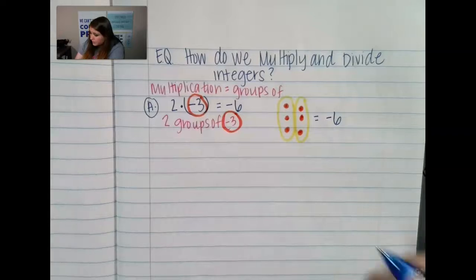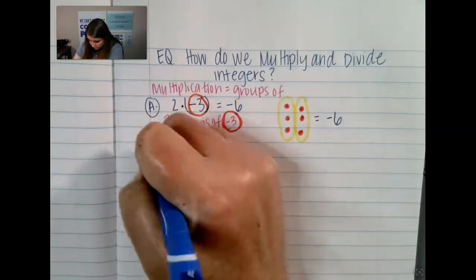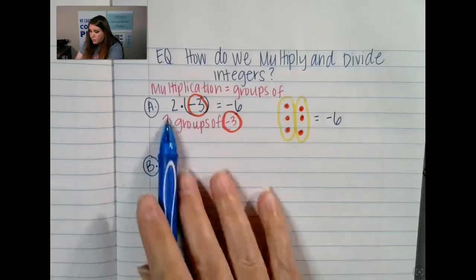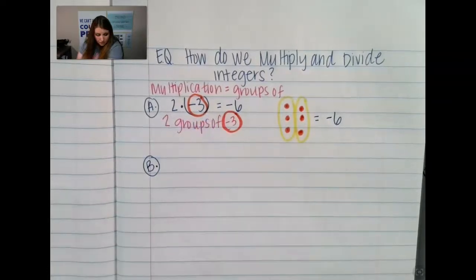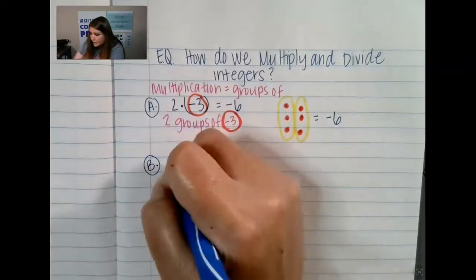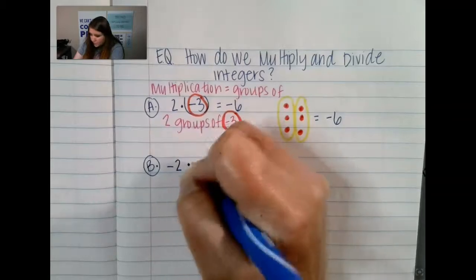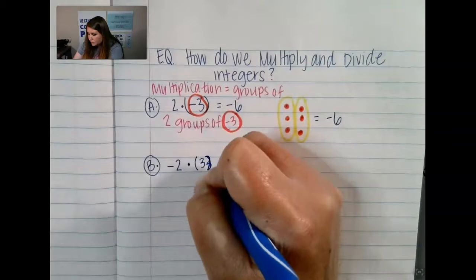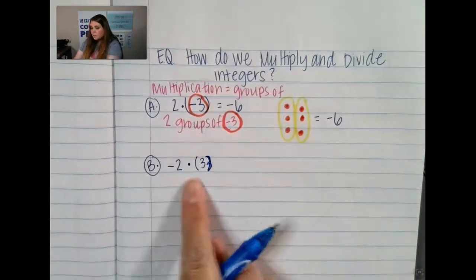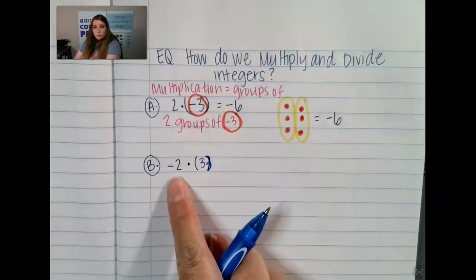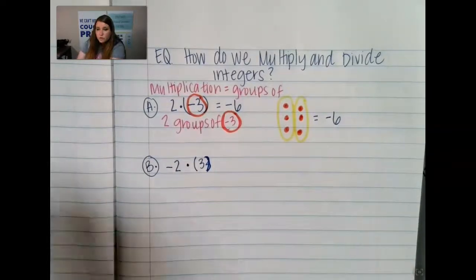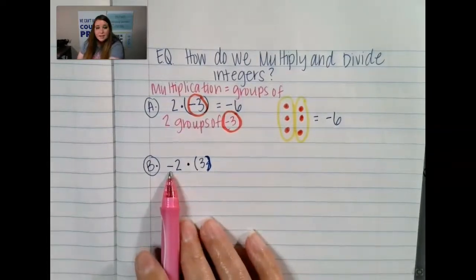All right, let's look at this problem. If I had a problem that was the opposite of that one, and it said negative 2 times a positive 3, oops, that is a parentheses. When I have the negative sign in the front, it means remove.